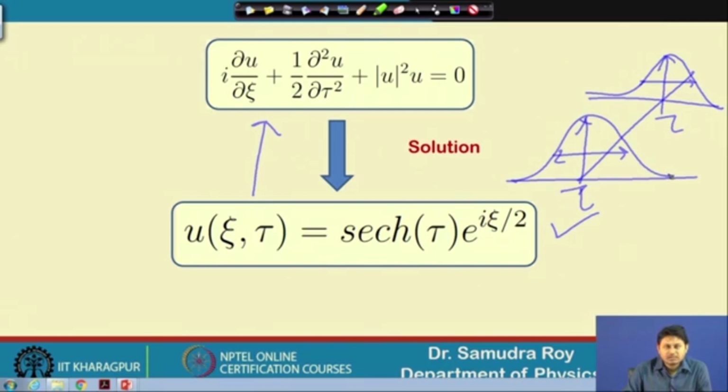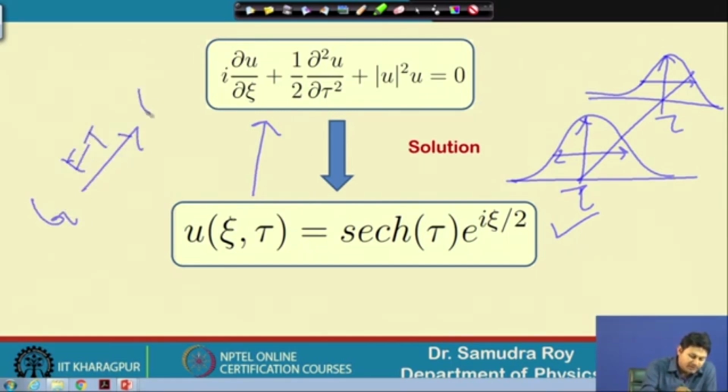One very well known example is the Gaussian function. If you make a Fourier transform of a Gaussian function, then you will get back a Gaussian function. Here also sec hyperbolic tau is such a function.